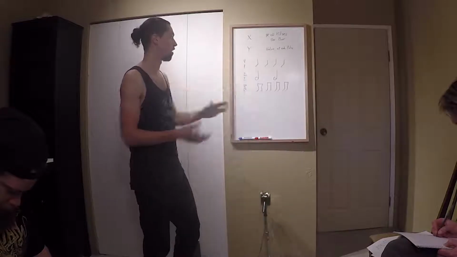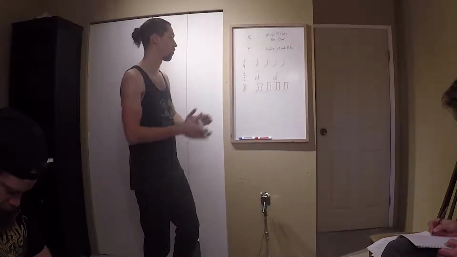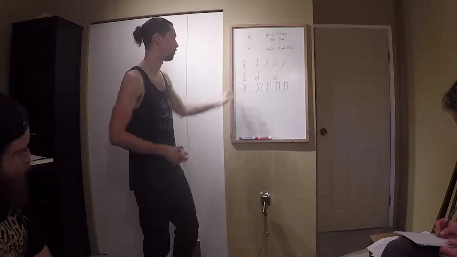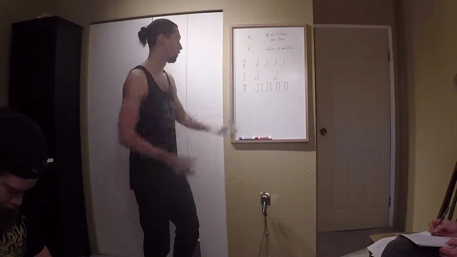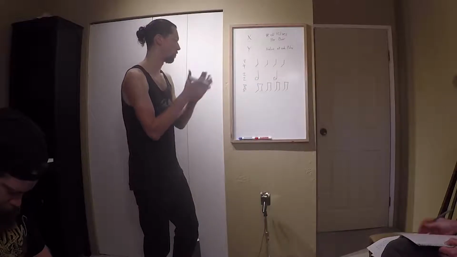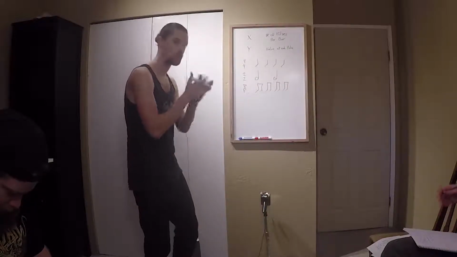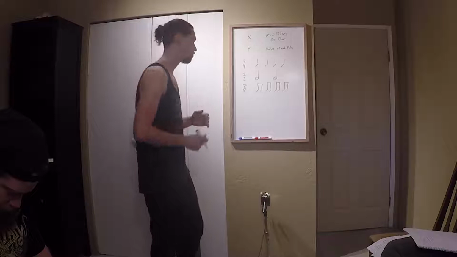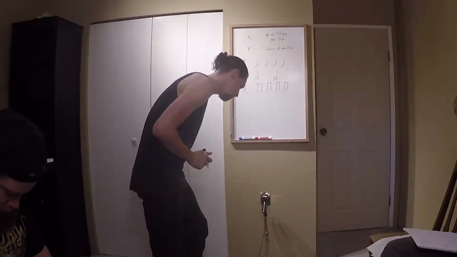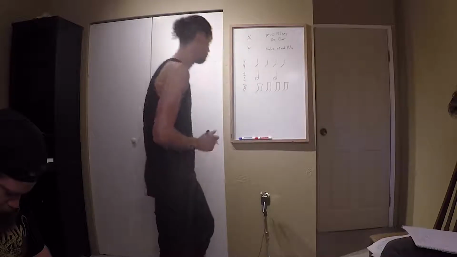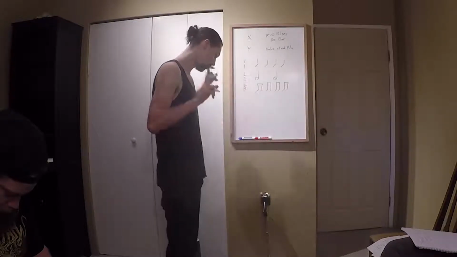But the only difference is which we consider to be the pulse, right? So in 4/4 we have 1, 2, 3, 4. 1, 2, 3, 4. In 2/2 we have 1, 2, 1, 2. In 8/8 we have 1, 2, 3, 4, 5, 6, 7, 8. So these are all considered simple time.